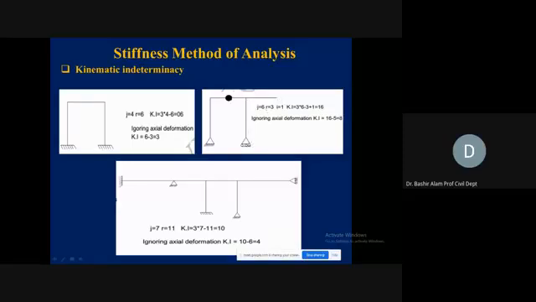So by observation, you can add them up. 1 plus 3, 4 plus 4, 8 plus 3, 11 plus 3... You can add them up and see if it is coming equal to 16 degrees. Ignoring the axial effects, we have 1, 2, 3, 4, 5 members we need to take out. So this is becoming 16 minus 5, which is equal to 11. It should be 11, not 5.